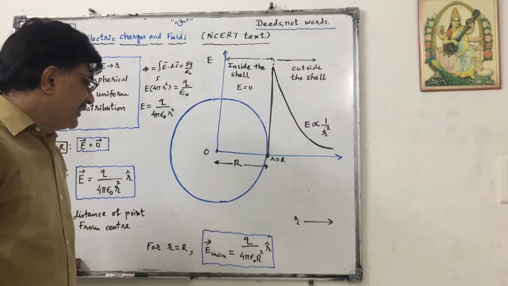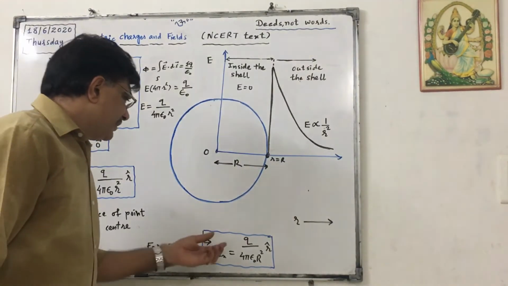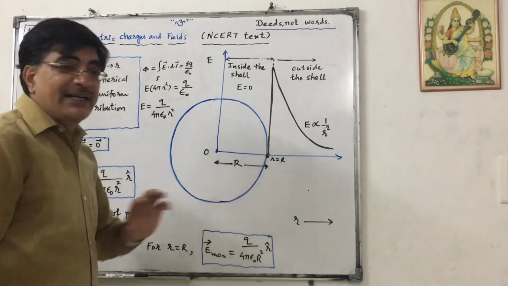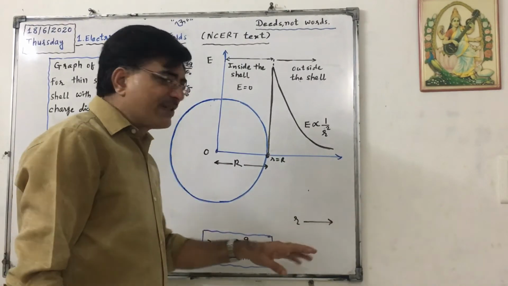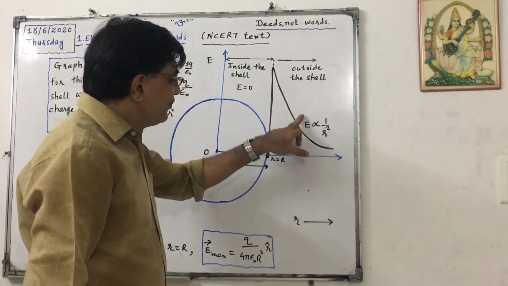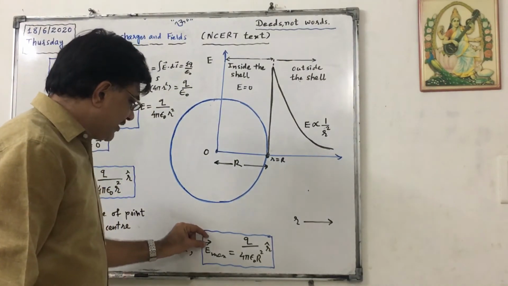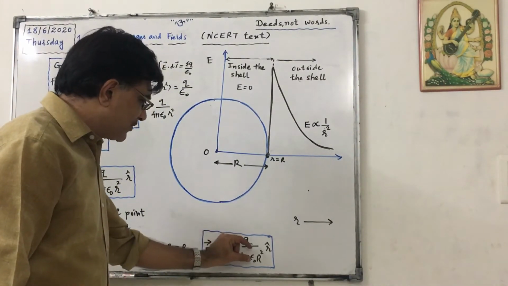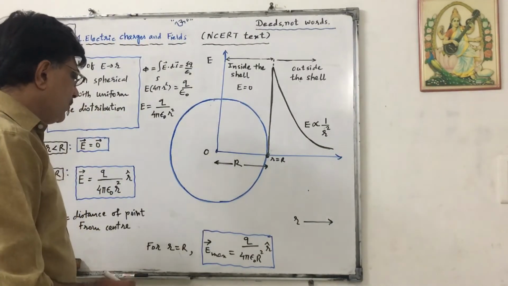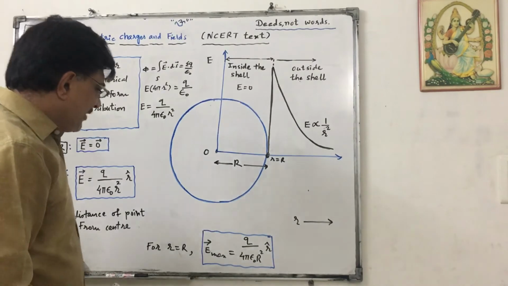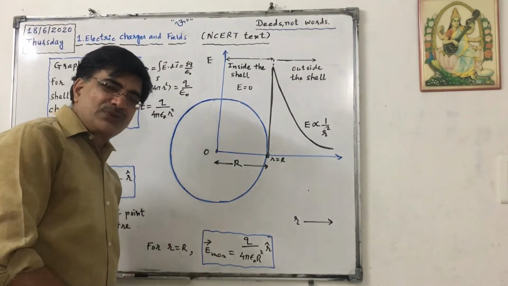Here the field will be maximum, because afterwards distance increases, and as distance increases, field decreases. So vector E max equals q upon 4 pi epsilon naught R square into r cap. If I do not write the vector sign, then I have to write it bold. Both will do.